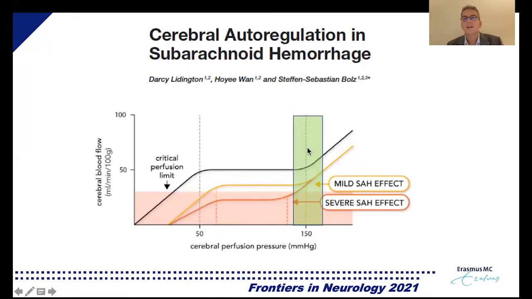This is the rationale why blood pressure can be increased, or should be increased according to most of us, in states of disturbed autoregulation. And this is actually the basic idea behind the benefit of induced hypertension.